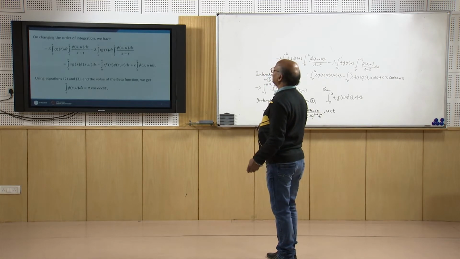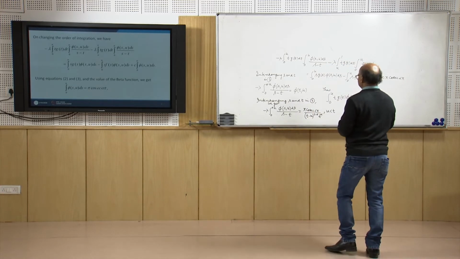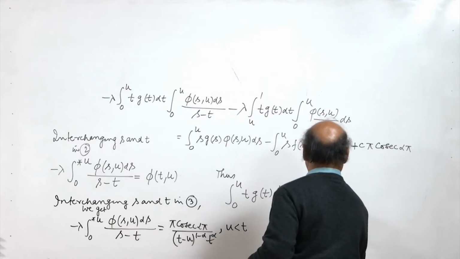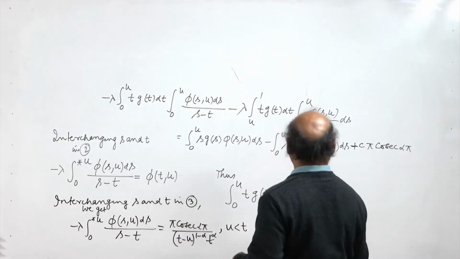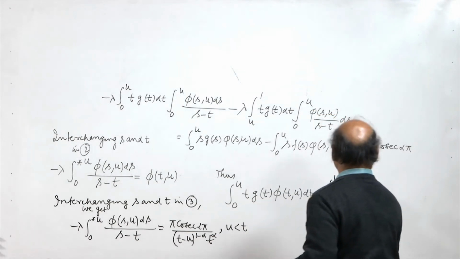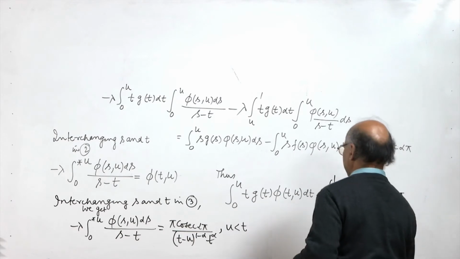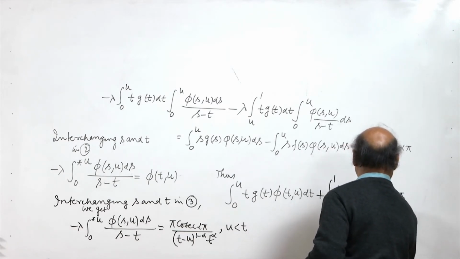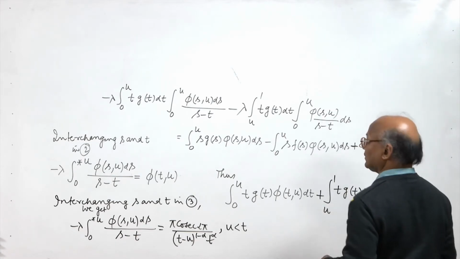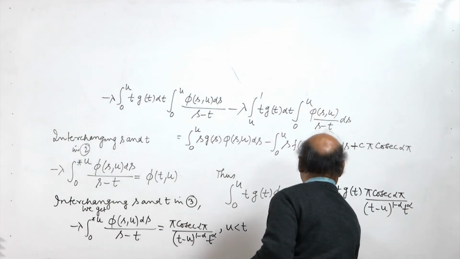So, the second term will become integral u to 1 t g(t), and then pi cosec alpha pi divided by t minus u to the power 1 minus alpha, t to the power alpha, dt.